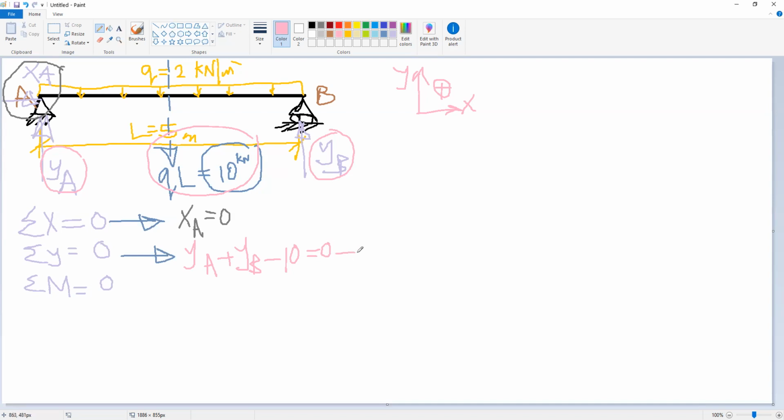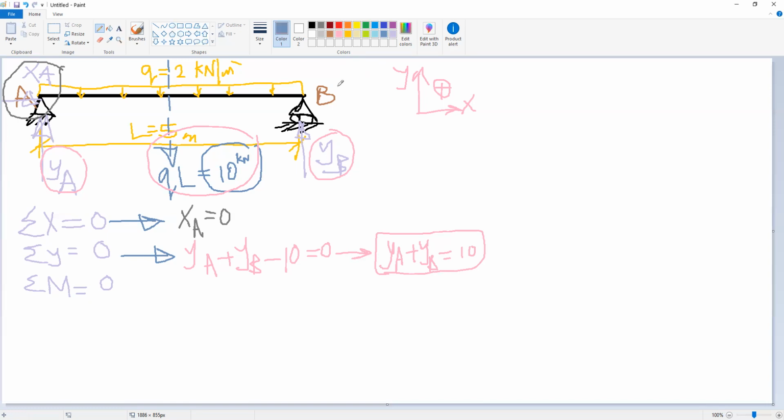Okay, this gives us that YA plus YB is equal to 10. Okay, the last question, can we get YA or YB from this equation? We can't, because we have two variables, so we cannot find YA or YB.